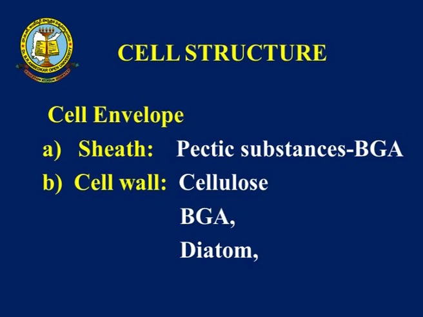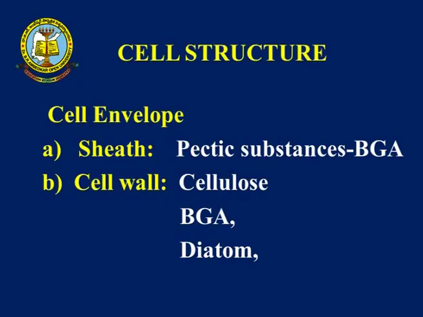The sheath is present only in Cyanophyceae, the blue-green algae or bacteria, and this sheath is made up of pectic substances, and the cell wall is made up of cellulose. Cellulose is the main chemical component in algal members. Even so, in some algae cellulose is absent: the blue-green algae cell wall, the diatom cell wall and the Caulerpa cell wall. These three cell walls are not made up of cellulose.